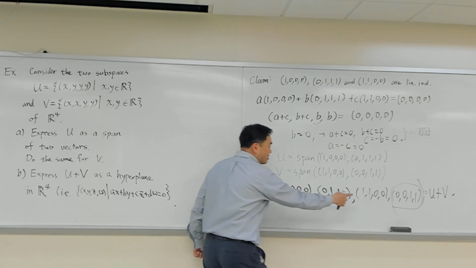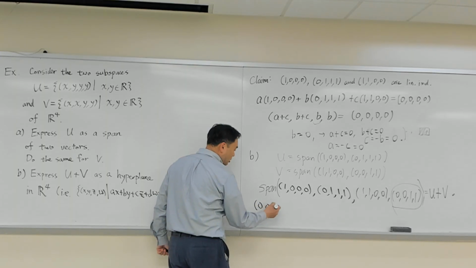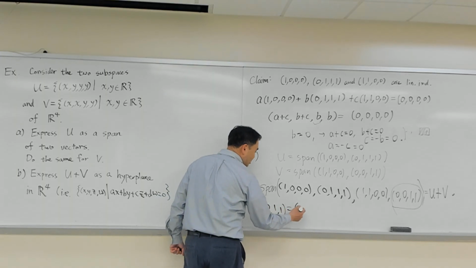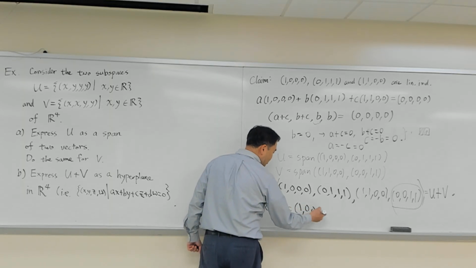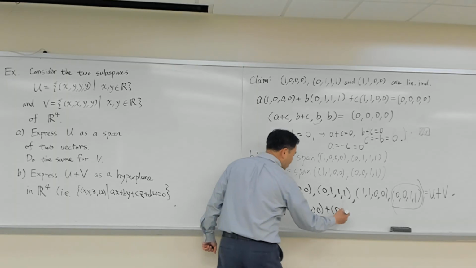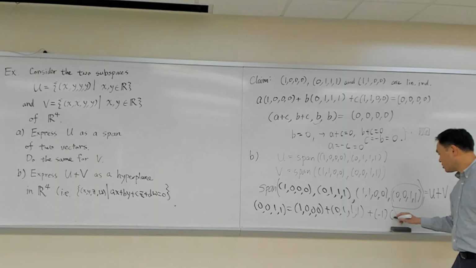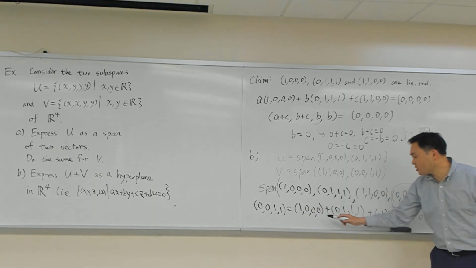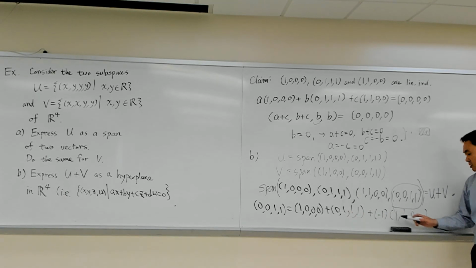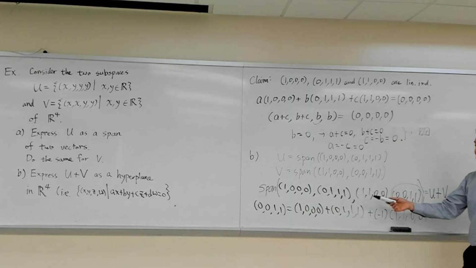In other words, this is in the span of these other guys because we know that 0, 0, 1, 1 is 1, 0, 0, 0 plus 0, 1, 1, 1 plus negative 1 times 1, 1, 0, 0. Right? So 1 times this vector, 1 times this other vector, plus negative 1 times this vector gives you 0, 0, 1, 1. Which gives you that this belongs to the span of just these three.